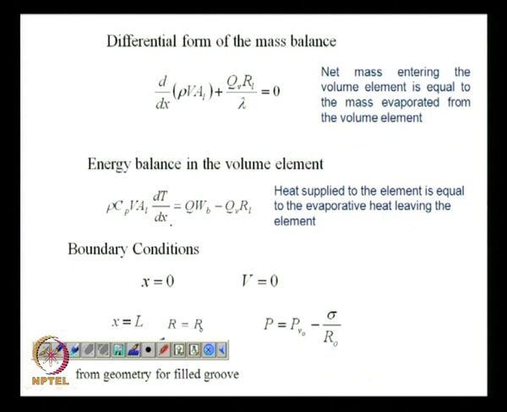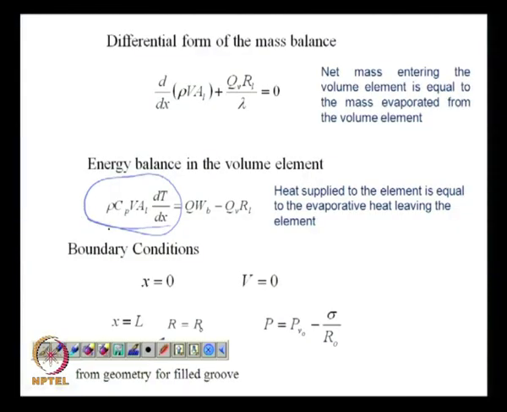Compared to last class, I have added this term. Previously, what we were doing is the heat supplied to the element is equal to the evaporative heat leaving the element. But as you can see, as the packet of liquid moves towards the hot side, it's going to encounter a hotter environment.